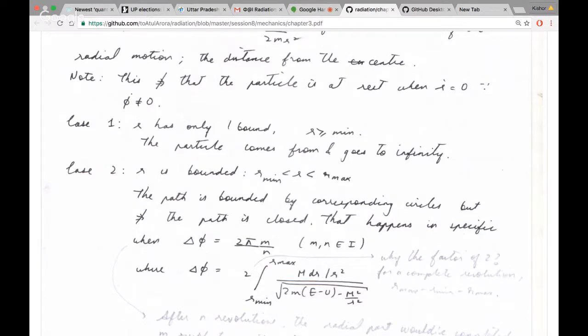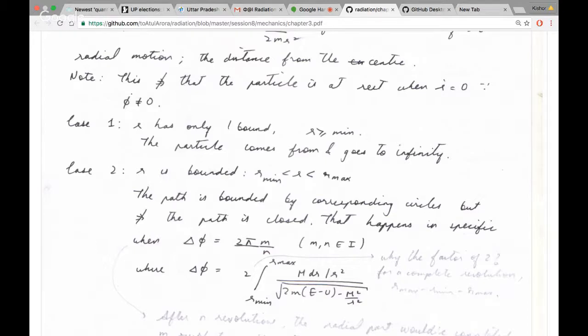Bounded by two circles, but it doesn't mean that the path is closed. For the path to be closed, you have to have this extra condition: the change in phase must be a multiple of 2 pi, where the change in phase is given by this.